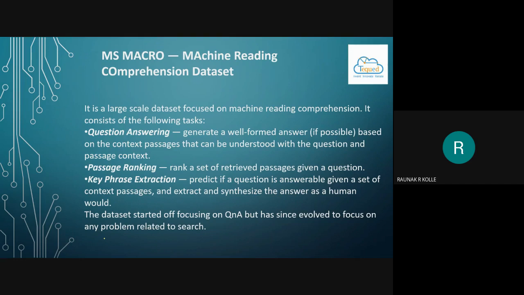It consists of the following tasks: question answering, generating a well formed answer if possible based on the context passages that can be understood with the question and the passage context; passage ranking, that is, ranking a set of retrieved passages based on a given question; key phrase extraction; prediction, that is, the prediction if a question is answerable given a set of context passages; and extract and synthesize the answer as a human would.